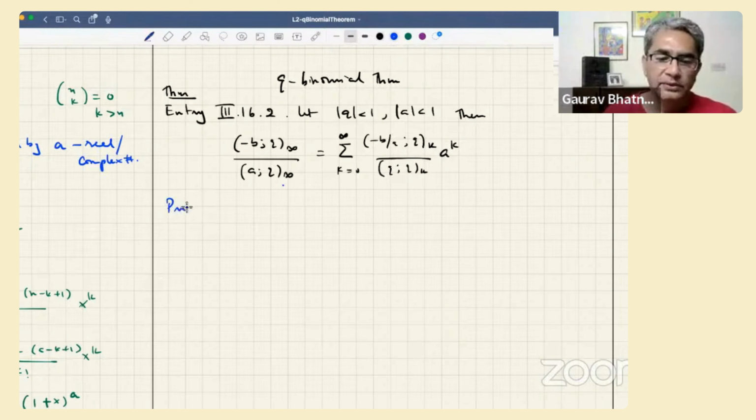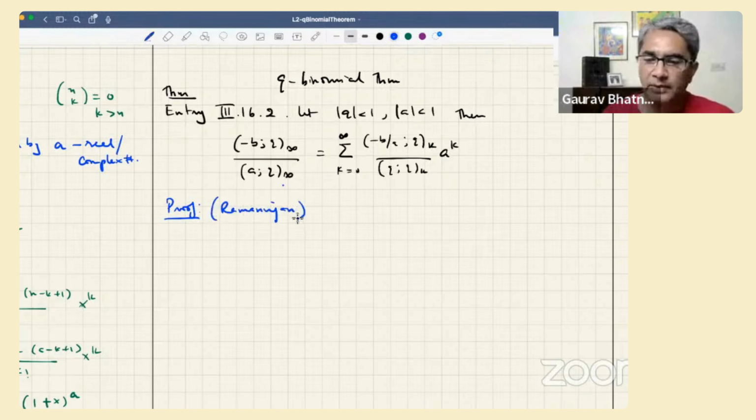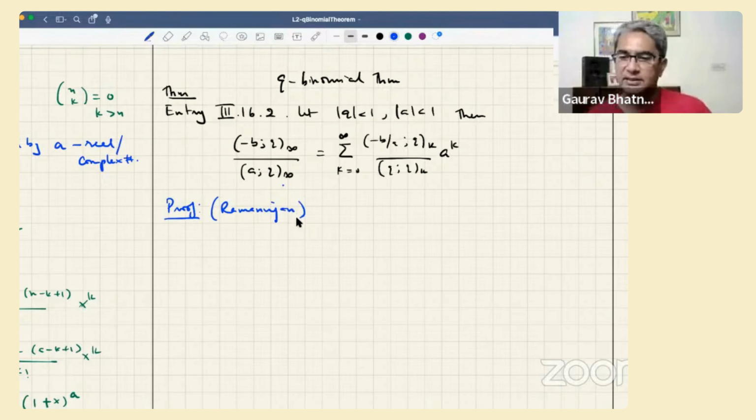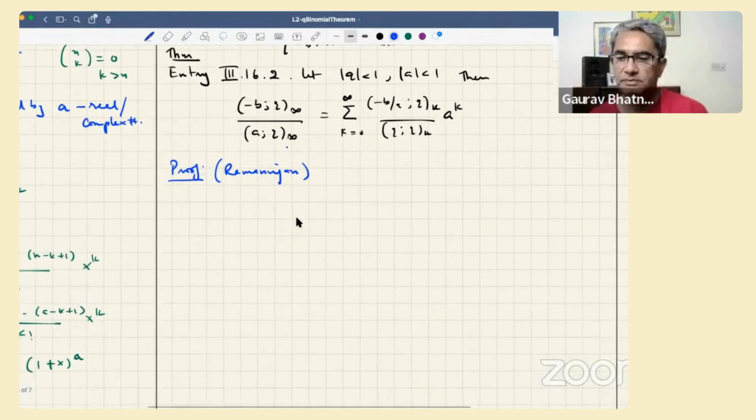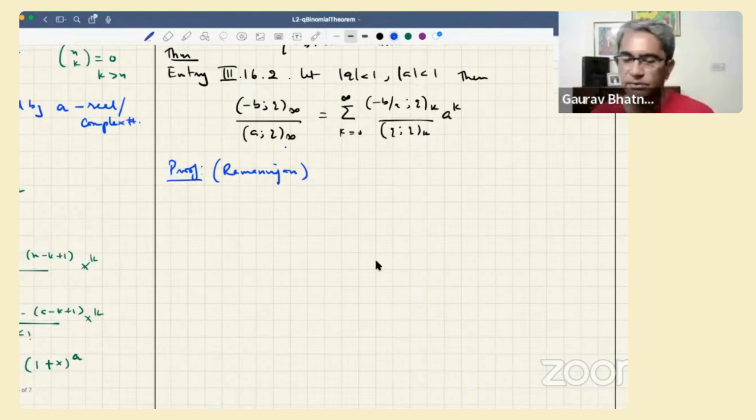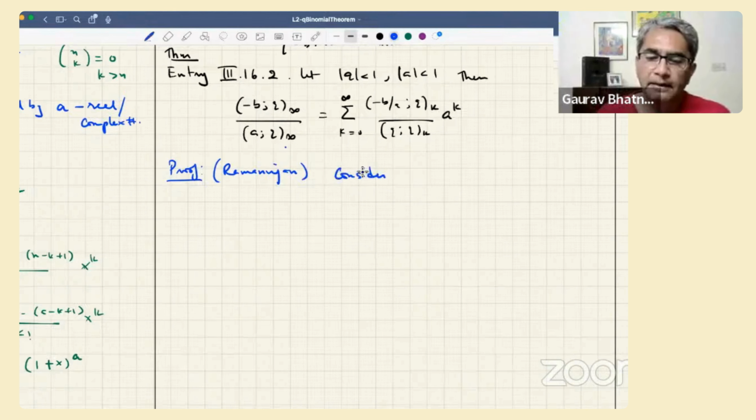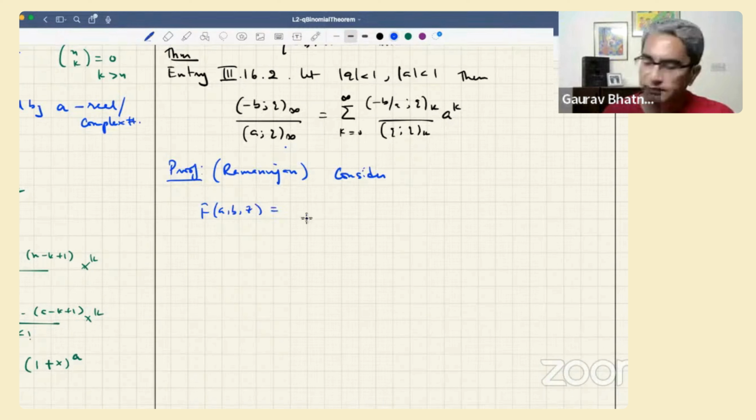All right, so proof, and this is due to Ramanujan. So in my notes, I'll give a reference. It's actually within one of his published papers. He needed this result, so he proved it. Consider this function f(a,b,z) equal to (bz;q) infinity over (az;q) infinity.